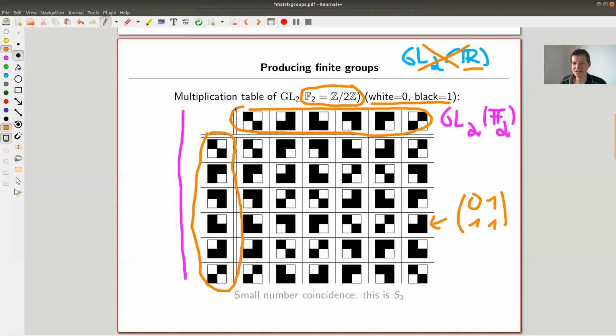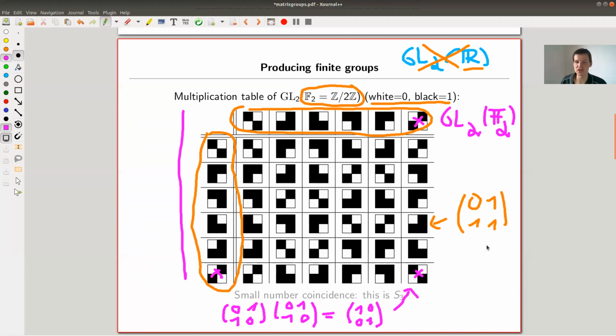And the multiplication is multiplication of matrices. So let's have a look whether we understand what's going on here. Let's say I take this element and multiply it with itself. I claim I get this element. So 0, 1, 1, 0 times 0, 1, 1, 0. By matrix multiplication, you can easily see that this 0, 1 is identity, and this is this matrix.